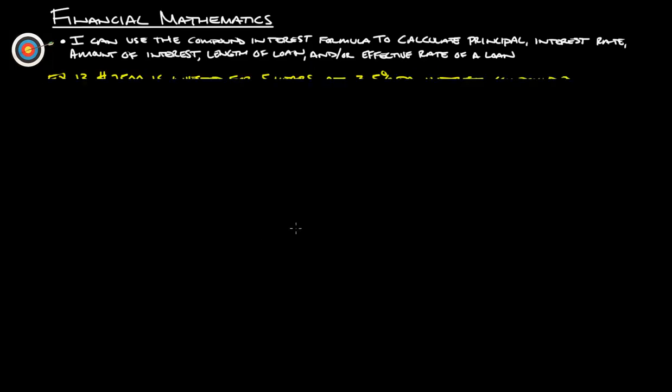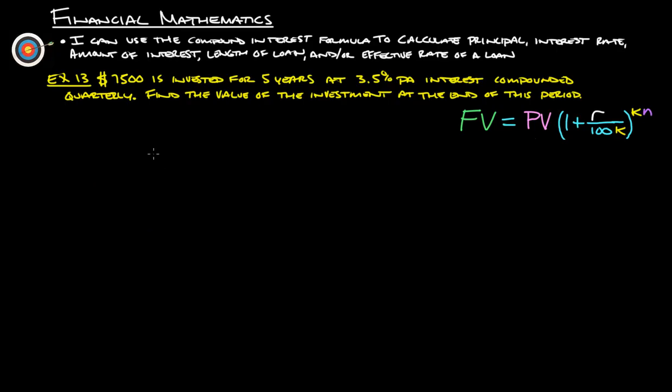Okay? All right. Example 13. $7,500 is invested for 5 years at 3.5% per annum interest compounded quarterly. So that's going to change. That's where the K comes into play there. Find the value of the investment at the end of this period.